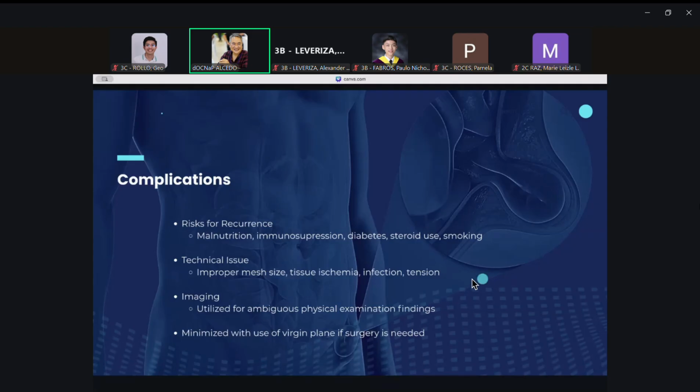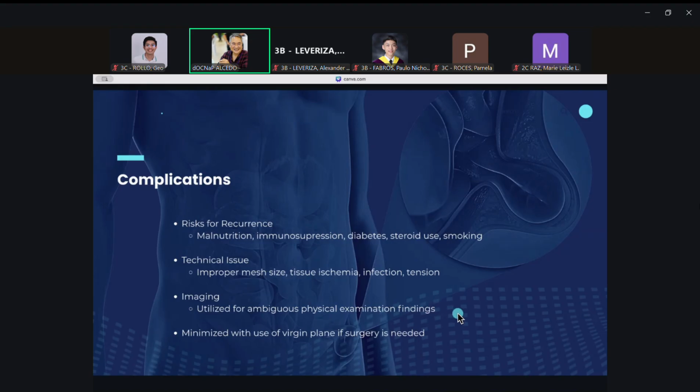Maliit masyado yung mesh na ginamit, no? There's tissue ischemia, infarction, or presence of infection. There's tension in the repair, which is, of course, as I said, very unlikely when you use a mesh, unless, of course, you're not very proficient in what you're doing.